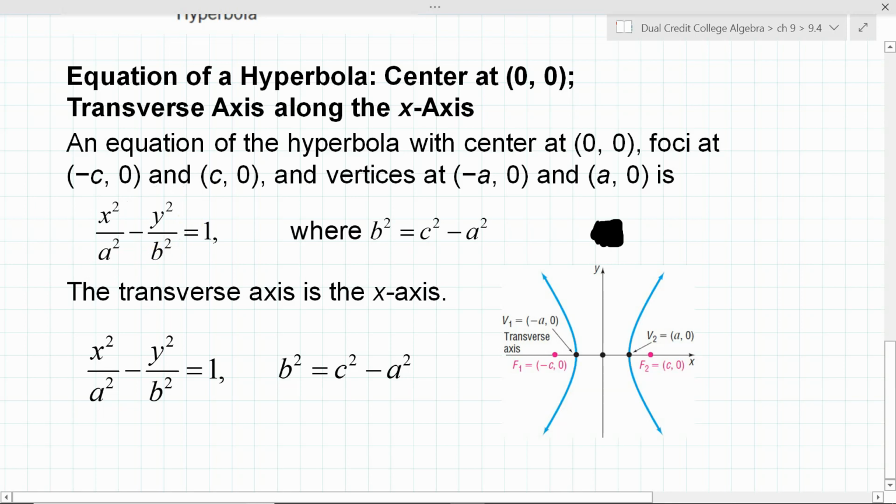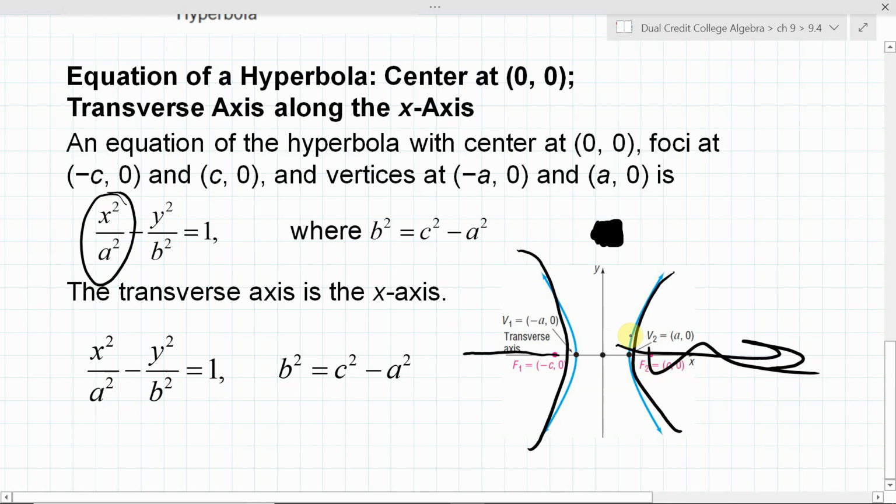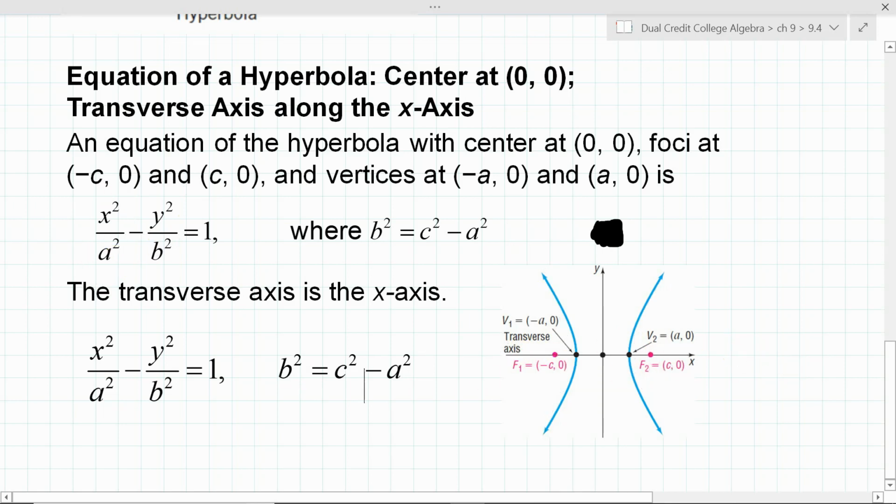So in this case, since the x stuff is positive, it's opening, kind of swallowing up the x-axis to the left and to the right. Now the book wrote b squared equals c squared minus a squared, but do you notice that's the same thing that I just wrote? If we add a squared to both sides, c squared is a squared plus b squared. So I'm just showing that. That's what the book is writing, but I'm more going to say c squared is a squared plus b squared. Okay.